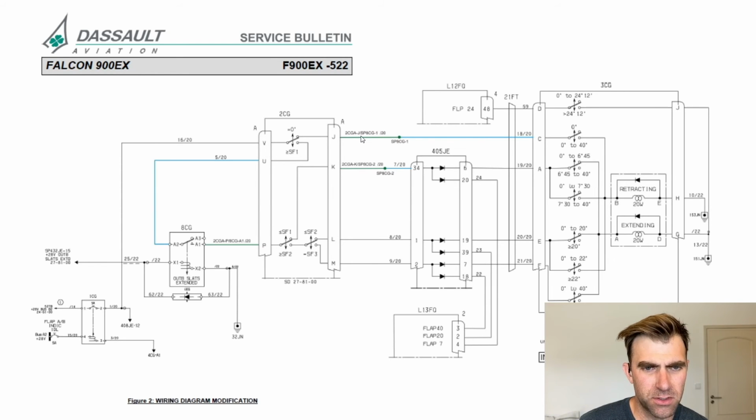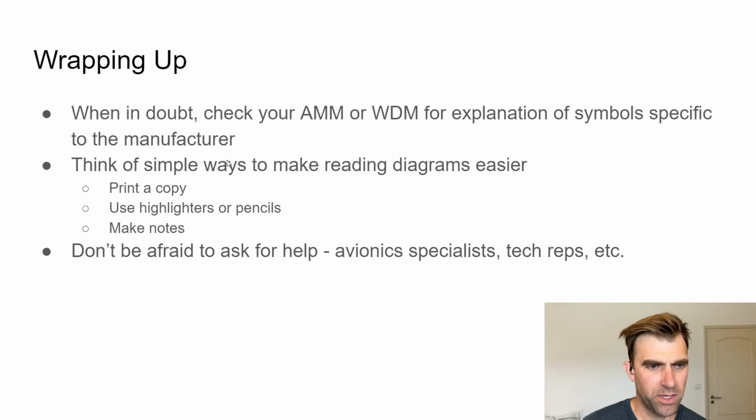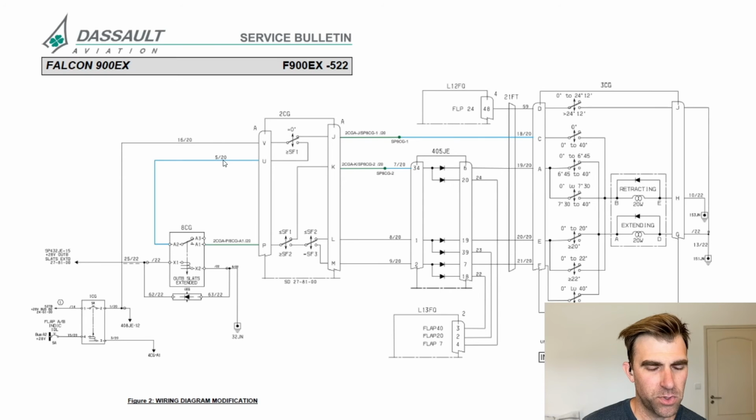And you can see the wire labels here, even though they're kind of blurry, they're still very manufacturer specific, and this one is quite lengthy too. But you can see at the end the /20 indicates that it's a 20 gauge wire. Over here, same thing, wire number 16 of the series, but it's a 20 gauge. Number 5 of the series, 20 gauge.